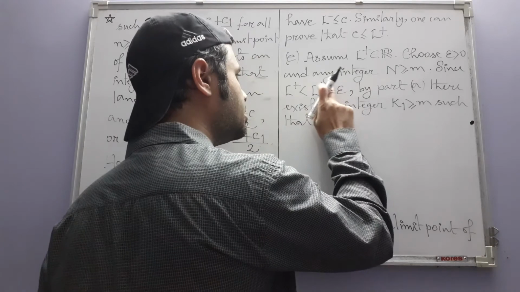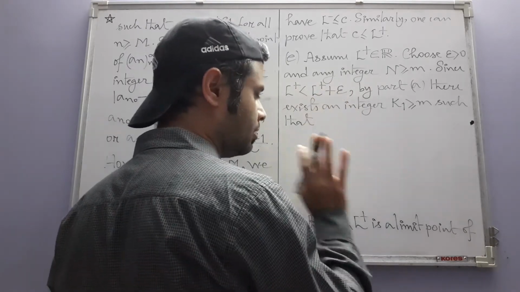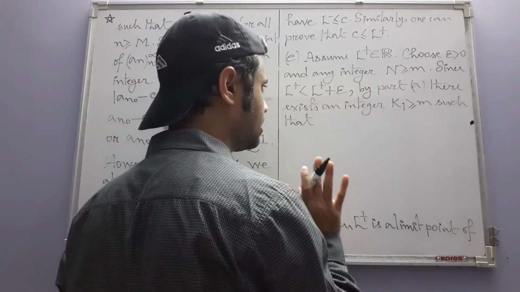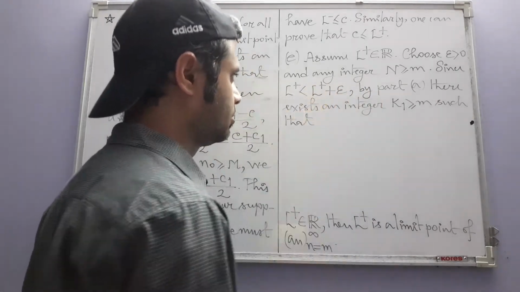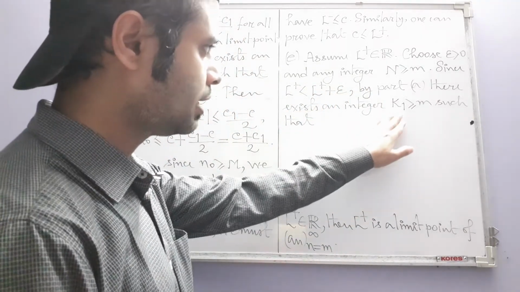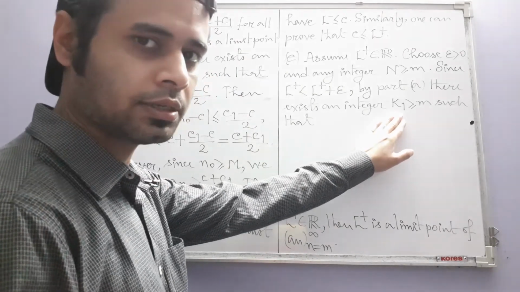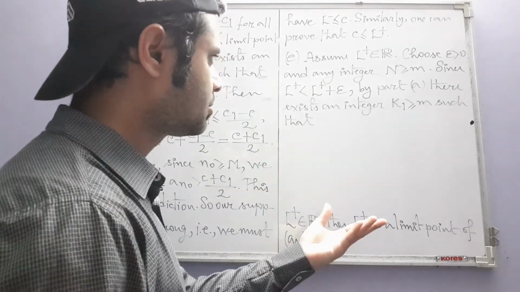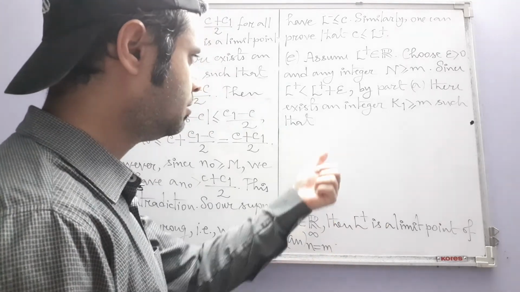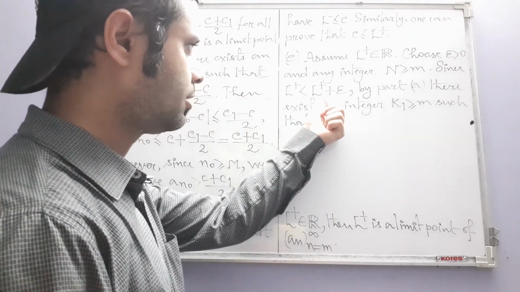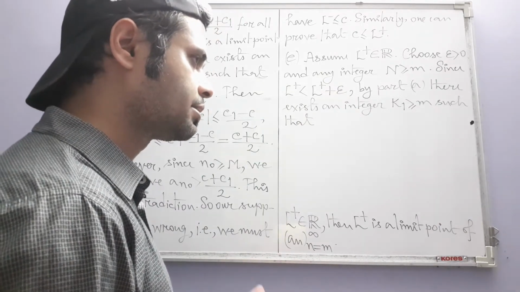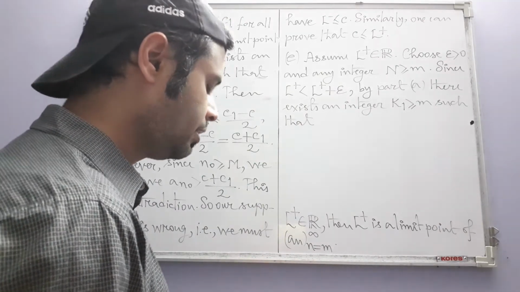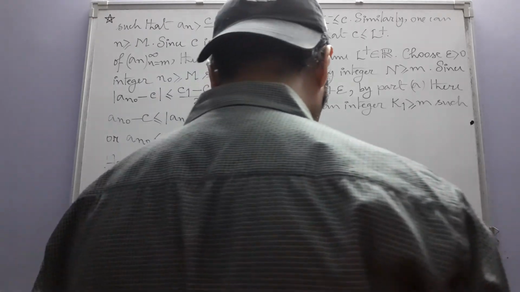So because this is now a real number, however it's also an extended real number, this is exceeding the limit superior. So there will be a stage such that from that stage onwards all the terms of the sequence will be less than or equal to this. Not just simply less than or equal to, but in fact strictly less than. That's what we have in part A.